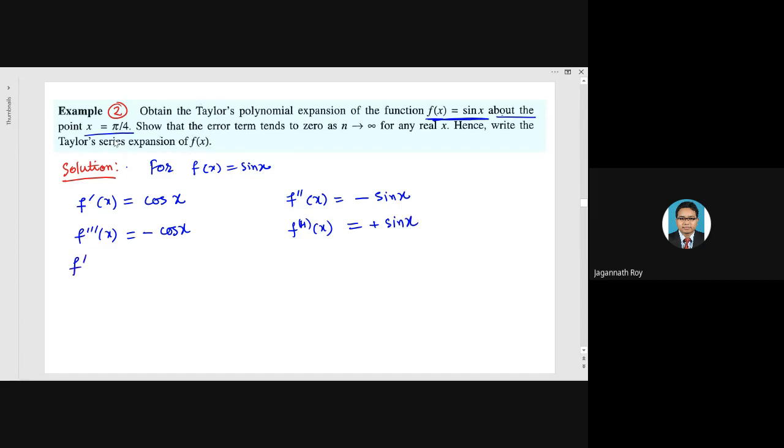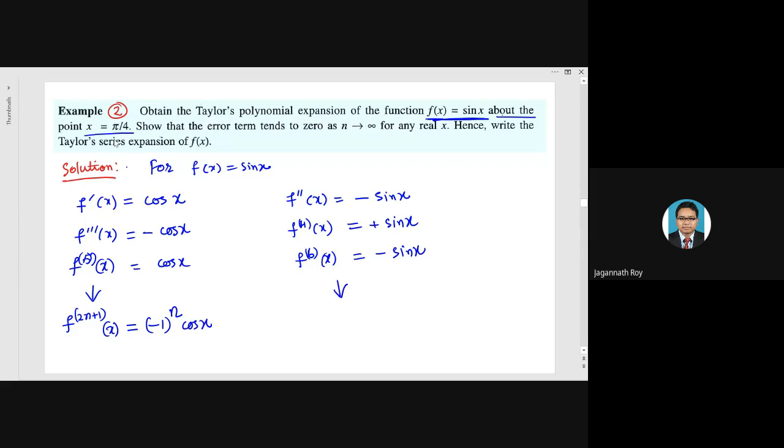Then if you do for odd number, what you will get? You will get only cosine x, and then if you do again the sixth, you will get here minus sin x. So you can write the generalized form, that is f of 2n plus 1, odd number, f(x) equals minus 1 to the power n and then cosine x.